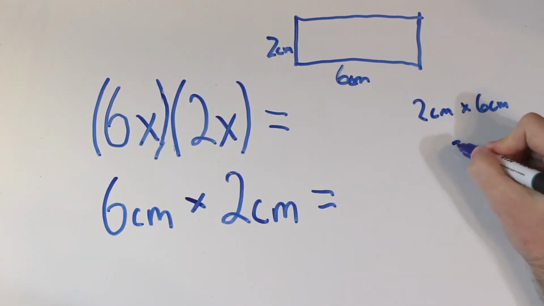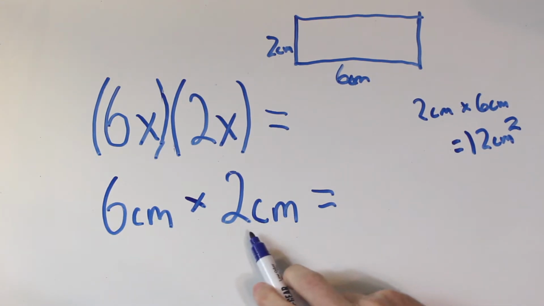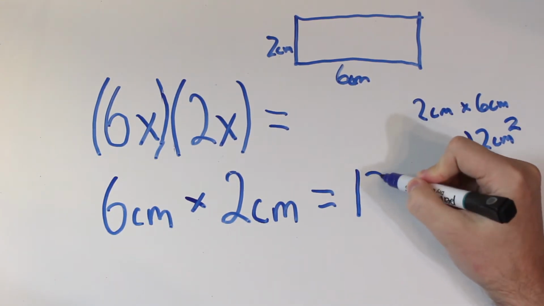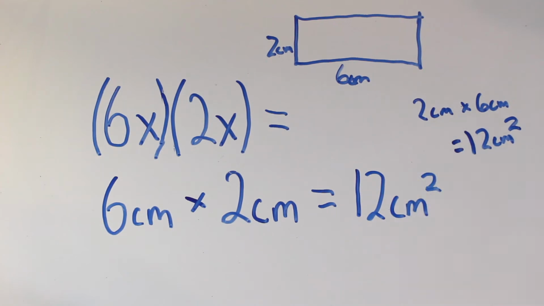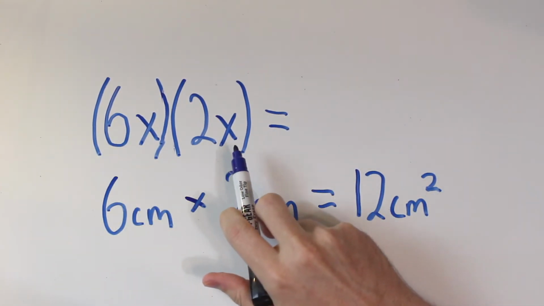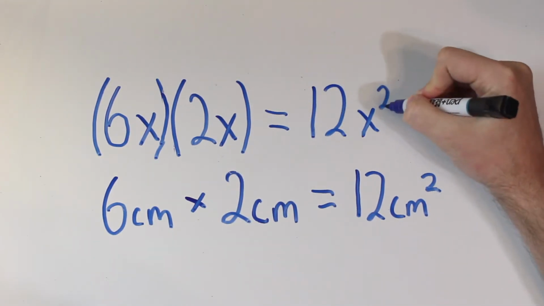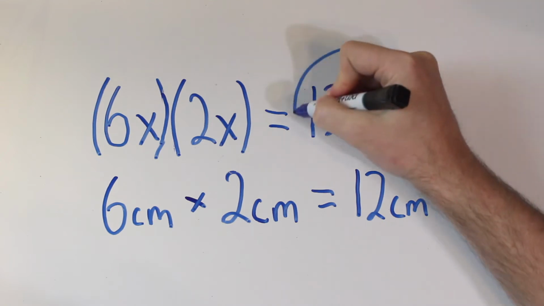Our result is 12 centimeters squared. 6 centimeters times 2 centimeters is 12 centimeters squared. So our 6x times 2x must be 12x squared. There's our answer.